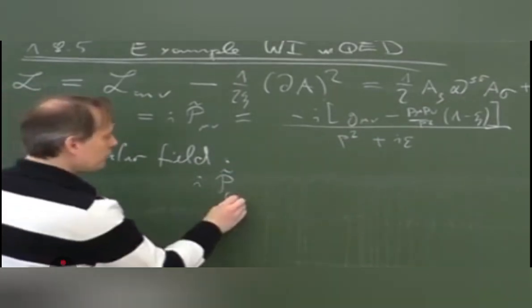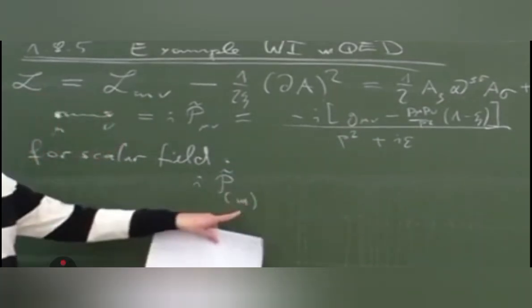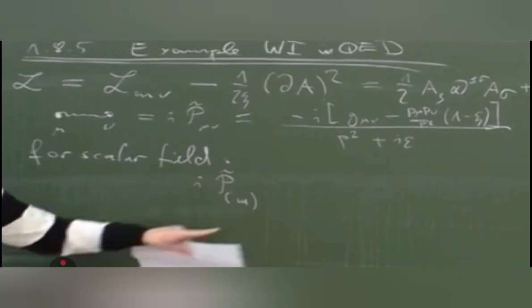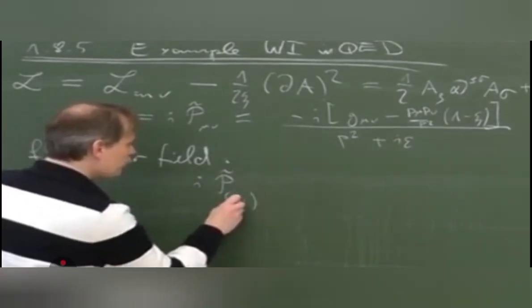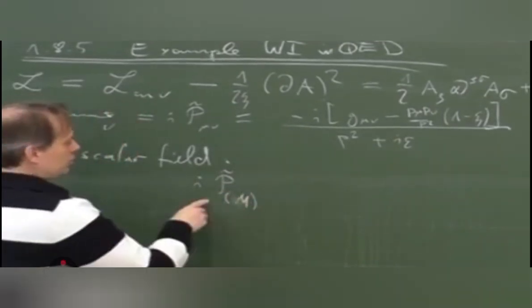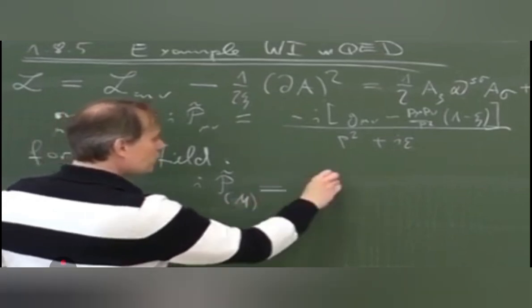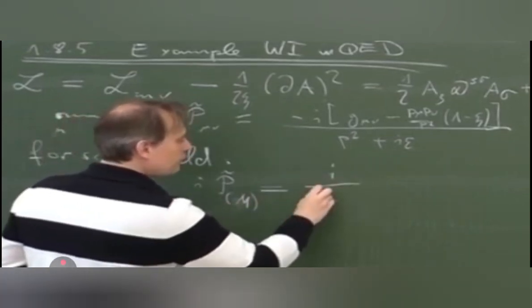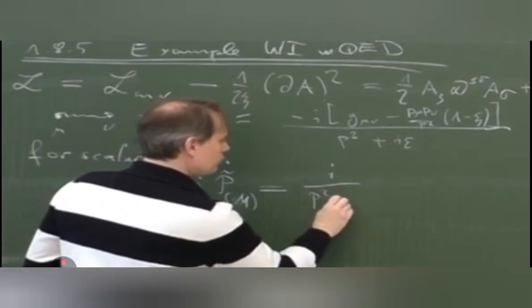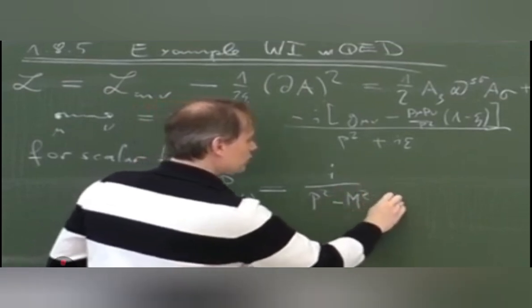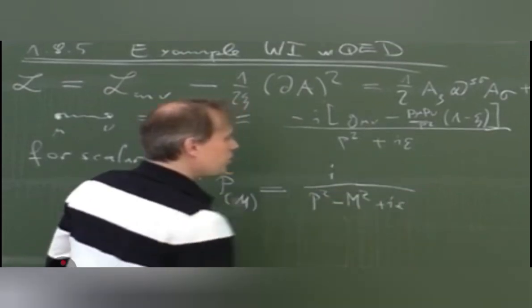The scalar field propagator depends, of course, on the mass of the scalar field, let's call it capital M, and is i divided by p squared minus M squared plus i epsilon.